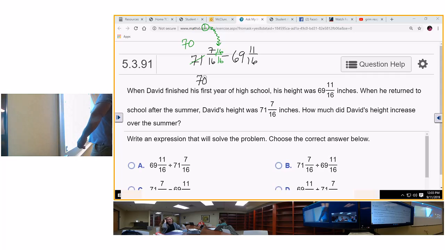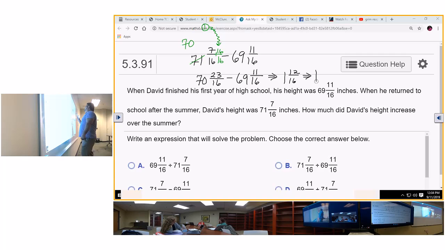And what's 7 plus 16? 23. 23 over 16 minus 69 and 11 over 16. Now I'll do the 70 minus 69 for you. 1. That's 1. Okay, what is 23 minus 11? 12. 12 over 16, which reduces to 3/4. So the answer is 1 3/4.